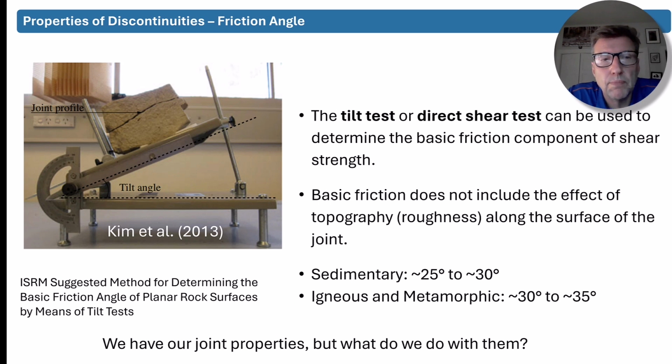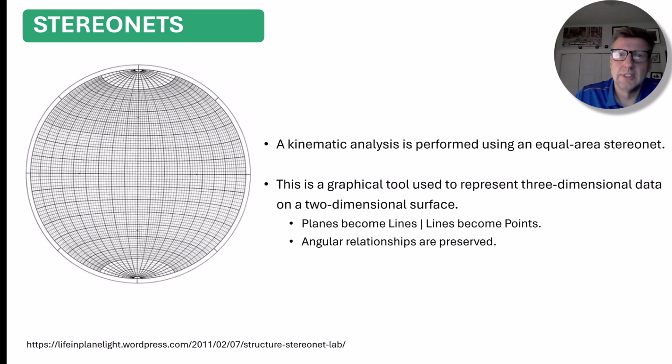So, now we have our joint properties: strike and dip, or dip and dip direction, and friction angle. The big question is, what do we do with them? And the simple answer is, we plot them.